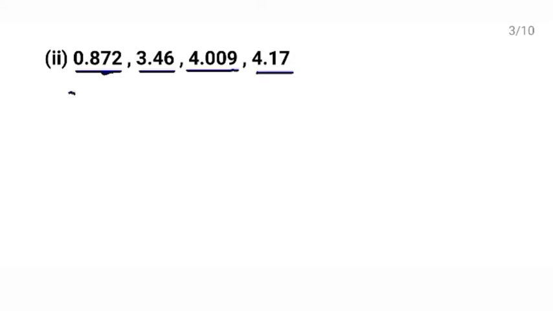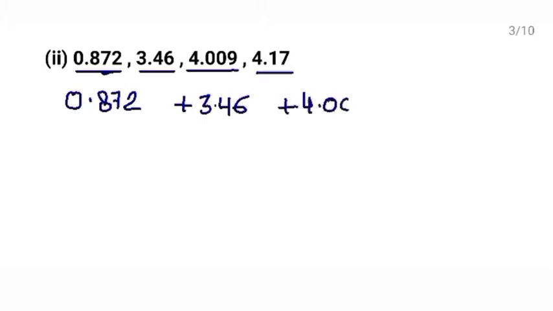Firstly write the numbers: 0.872 plus 3.46 plus 4.009 plus 4.17. Now we have 3 digits after decimal in this number, so no need to put 0.